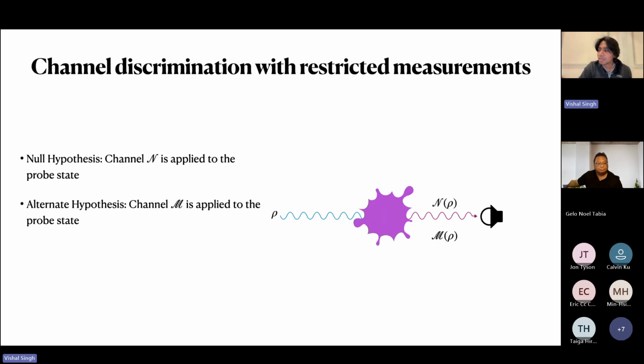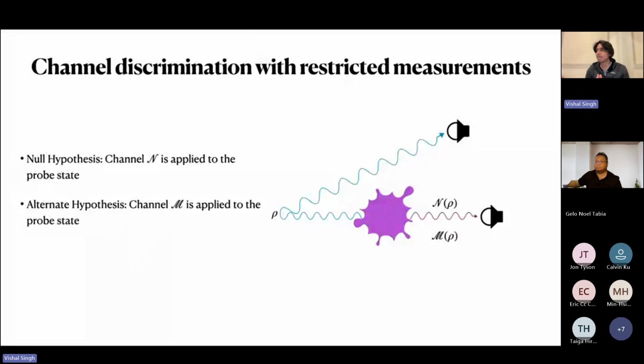But when we have the power of quantum technologies, you can actually use entanglement to improve your ability to distinguish between these two channels. You can send one share of the entangled state to probe this phenomena, and the other share you just measure separately.